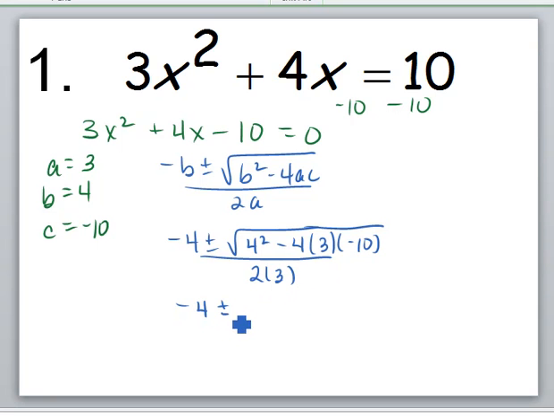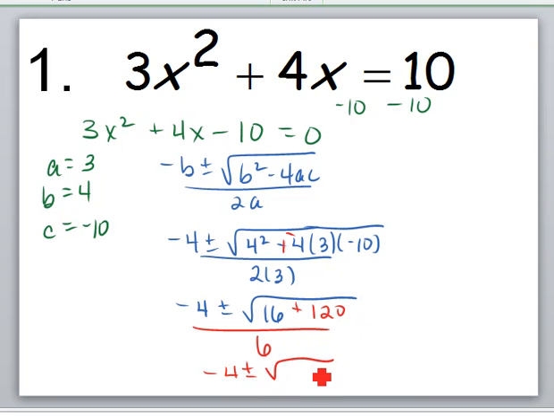So I get negative 4 plus or minus the square root of 16. Well, I'm going to look at my negatives here. I've got negative times negative, so positive 40. 40 times 3 is 120, all over 6. That gives me negative 4 plus or minus the square root of 136 all over 6.